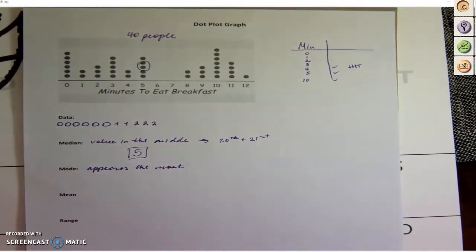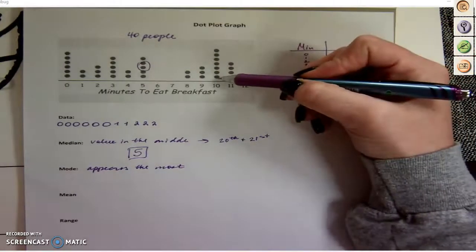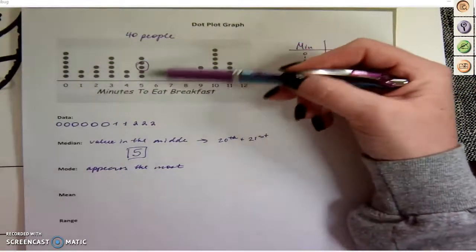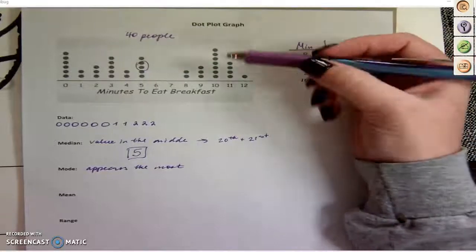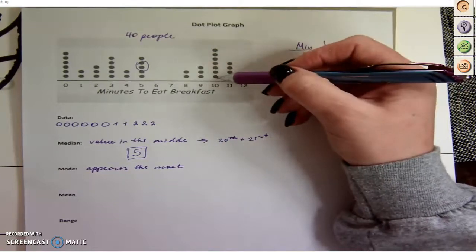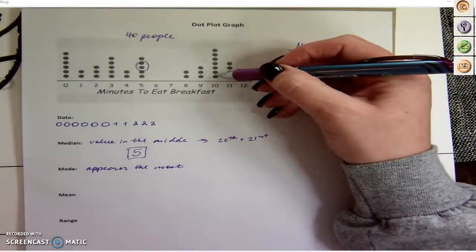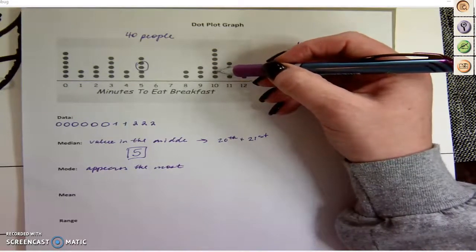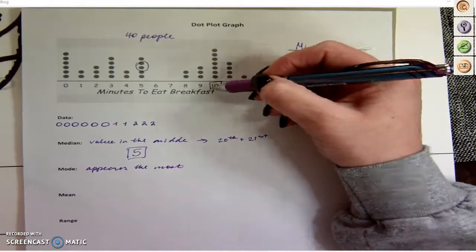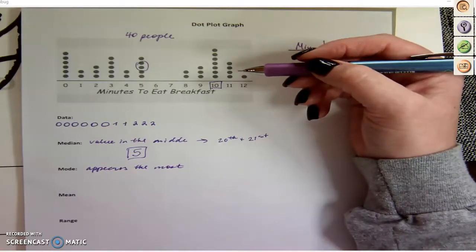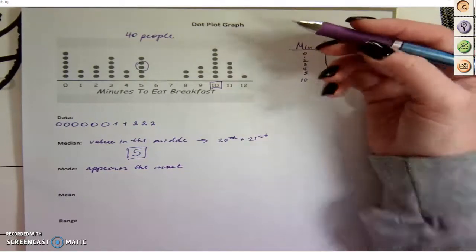In our specific graph, what we're looking for is the longest spike within our data. We have several little spikes happening right here. We see that 12 has the least respondents, but for 10 minutes, not necessarily the majority, but that value of 10 minutes was the most frequently appearing in our data.